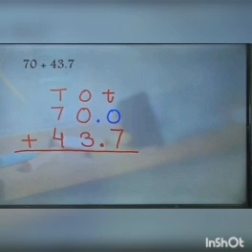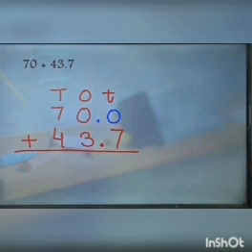First we need to write one number below the other according to their place value: tens place, ones place and tenths place. In 70, 7 is in the tens place and 0 is in the ones place.